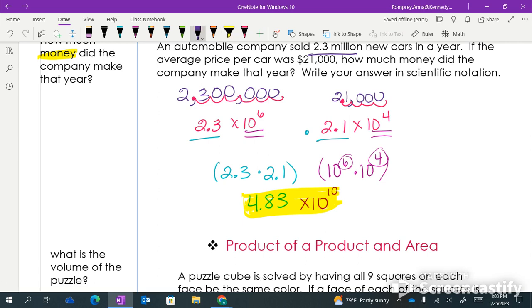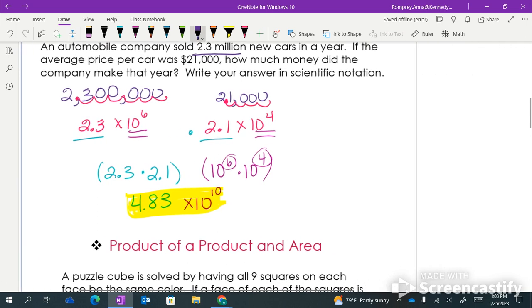But I'm kind of curious, how much is that? That seems like a lot of zeros. So 4.83, and we're going to move our decimal 10 places: 8, 9, 10.